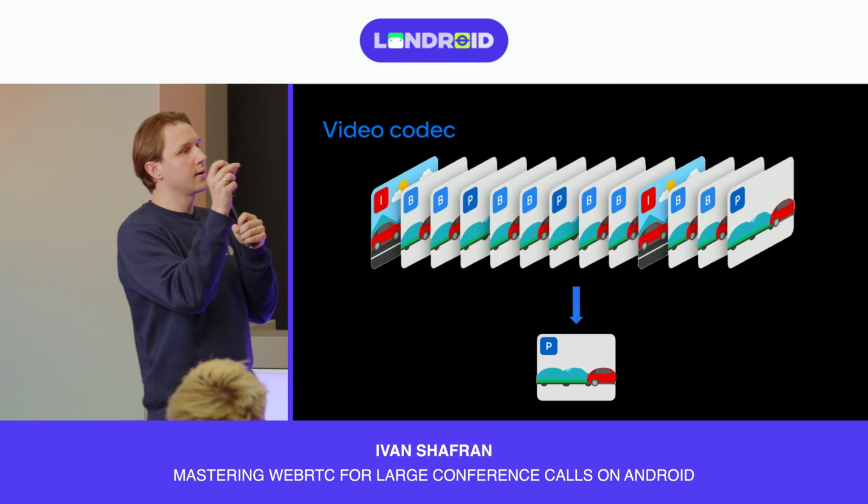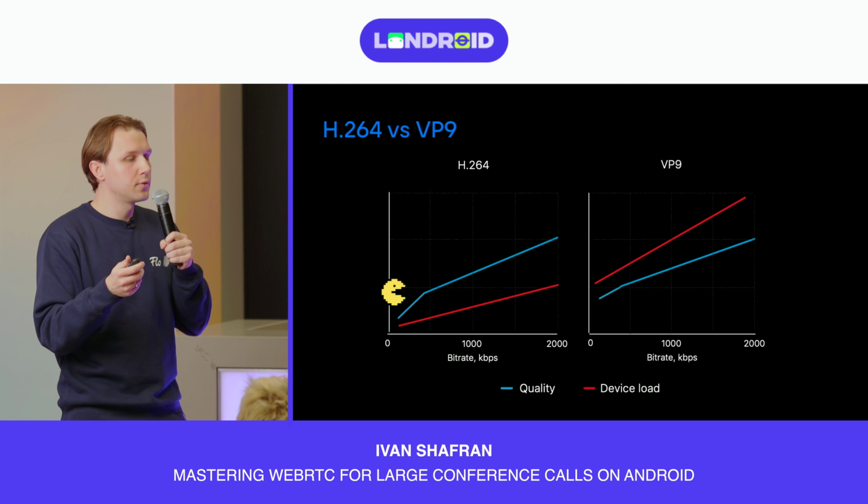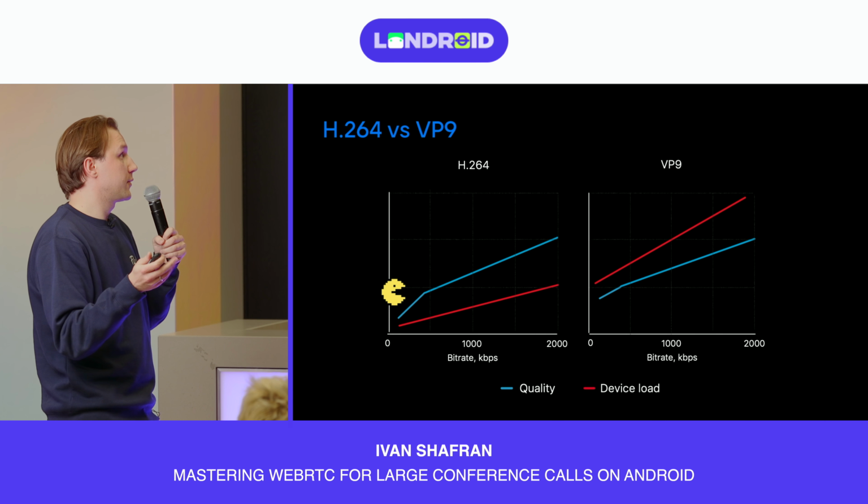So we can end up with pixelated video if we use just the left one. Although it's pretty fast and good and works on almost all devices, we may have problems with this. On the other side, the device load will be higher with VP9, so we can't just use it every time. We need to make some trade-offs here.